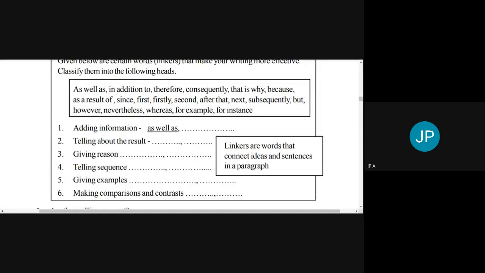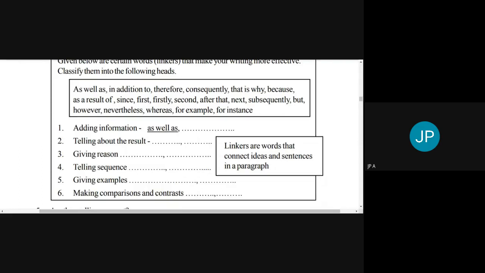Okay, the last example is making comparisons and contrast. Yes, Krishna. Whereas, however, very good. Yes, Rajlakshmi. So, whereas, however, nevertheless.